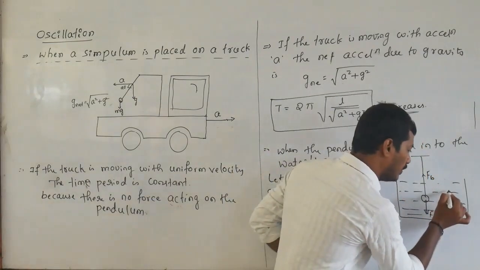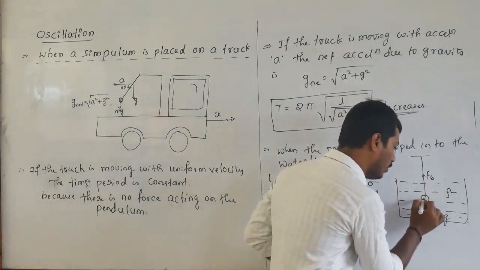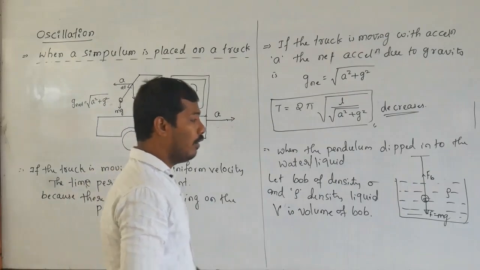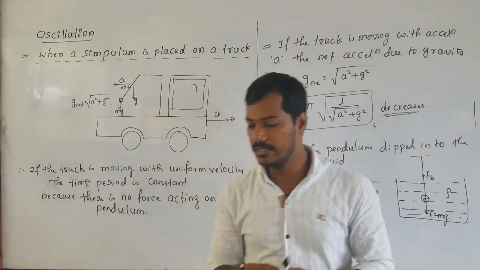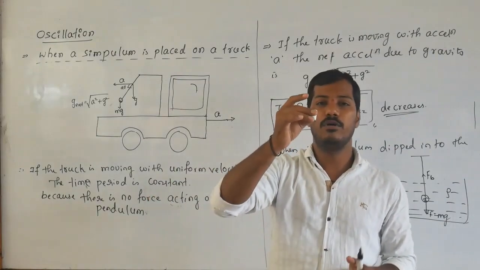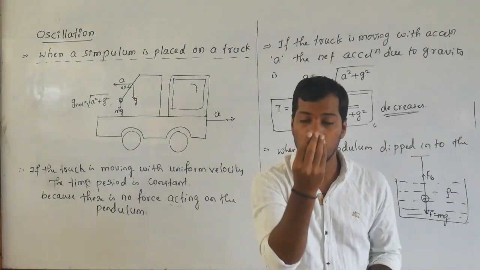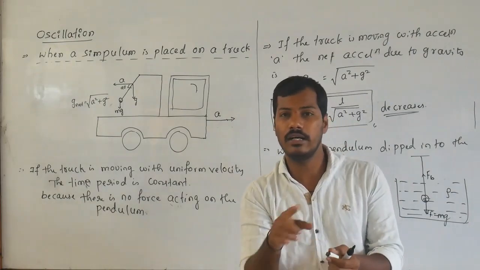The density of the water is rho, and the density of the bob is sigma here. If a body is dropped into the water, it goes downward slowly due to gravity.